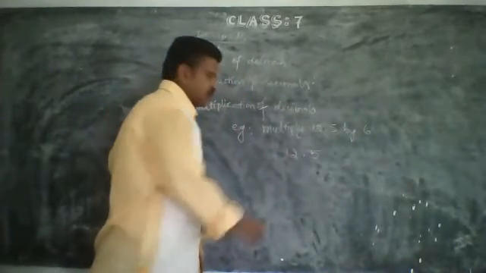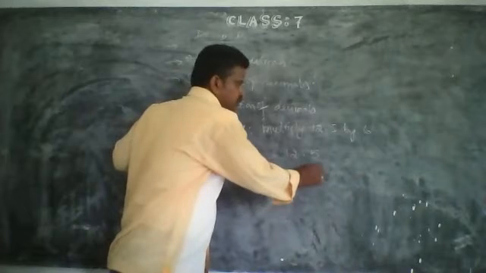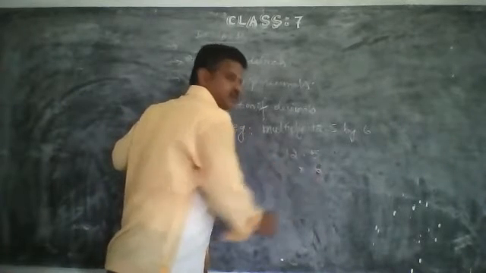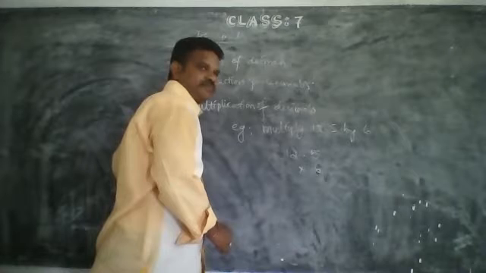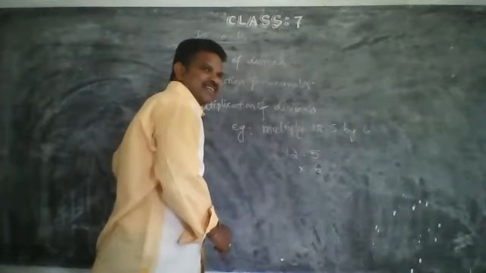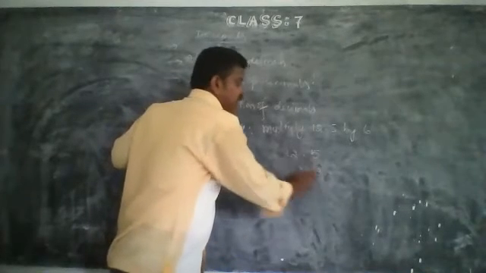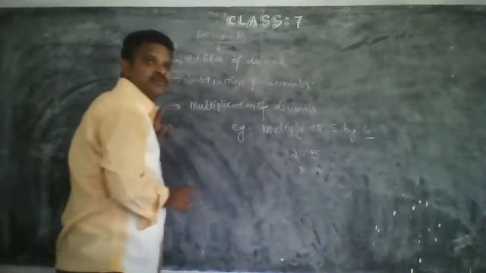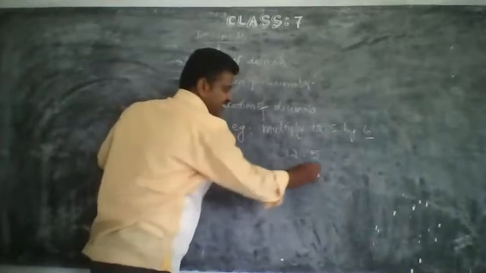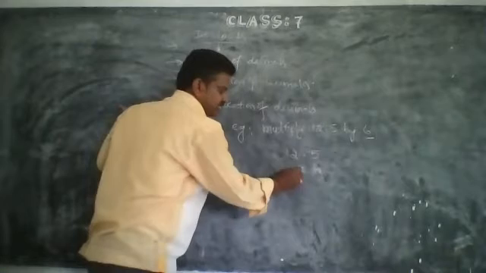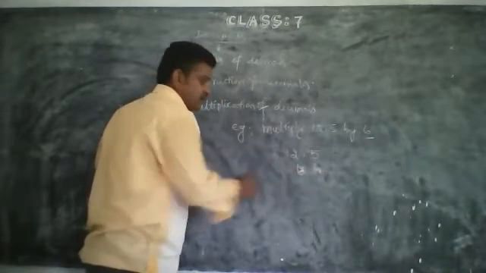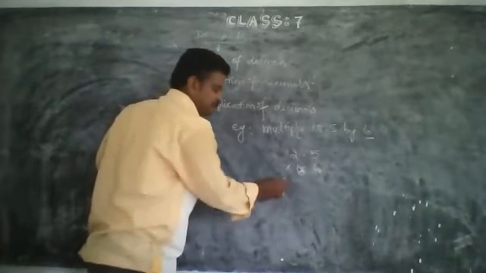You just write one below the other as we write whole numbers. 12.5 into 6. 6 is a whole number. If you write like this, that is wrong. Write it in the whole number place. Now you just multiply.